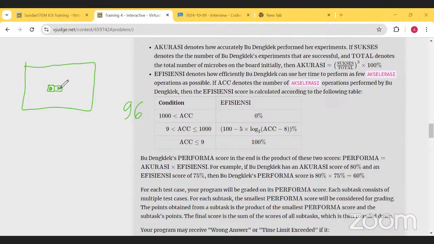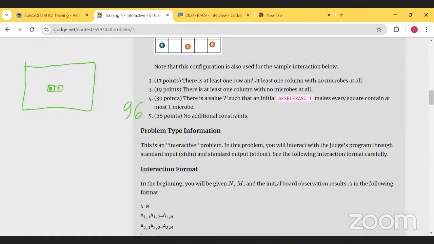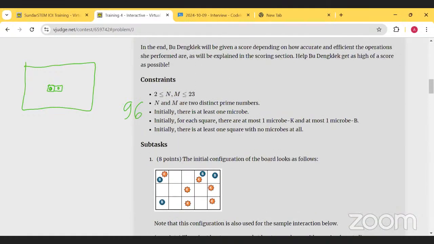How to move to the right by 1? Because n and m are two distinct prime numbers, we can find a value x that x modulo n is 0 and x modulo m is 1, like this. So we can move it by 1.